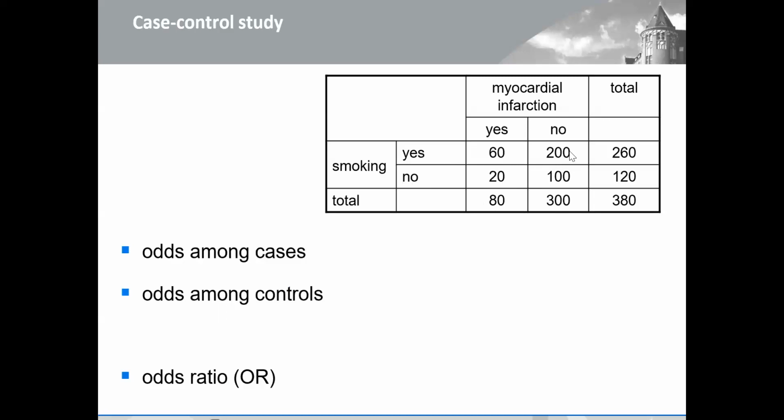To get the odds among controls, our total controls are 300. Exposed controls are 200, unexposed controls are 100. The proportion of exposed controls is 200 over 300, and the proportion of unexposed controls is 100 over 300.